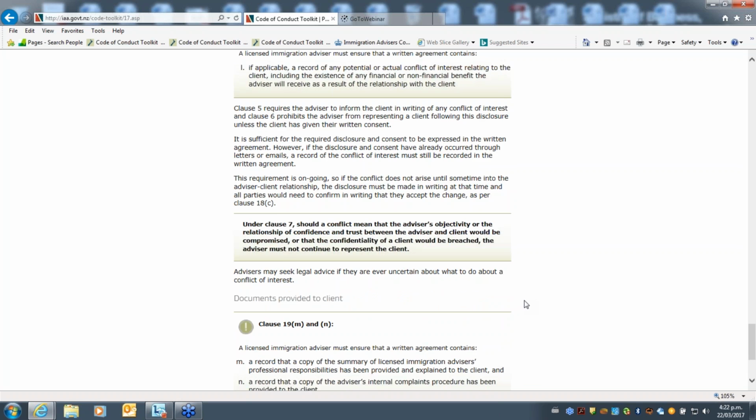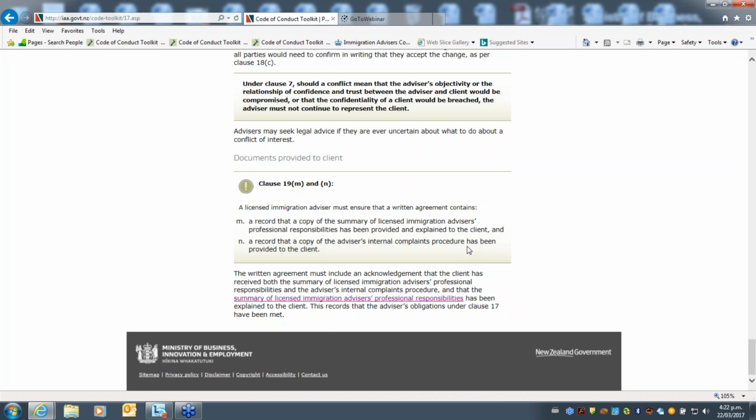And then you also need to record that you have provided the summary of the licensed advisor's professional responsibilities, and that you've provided them the internal complaints procedure. And then they're agreeing to the written agreement, and you've got confirmation there in writing that they have received those. So those are all the things to be included in your written agreement.